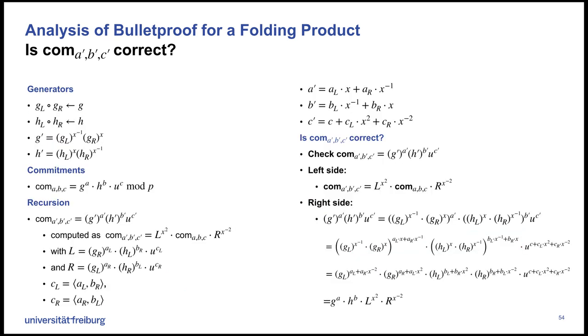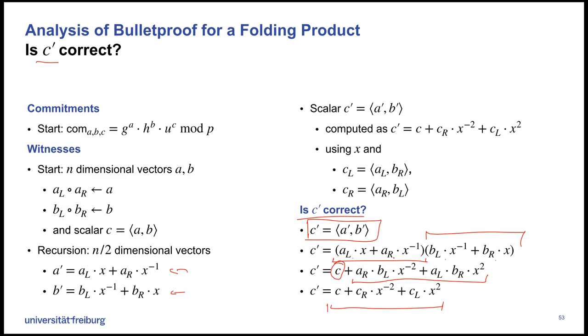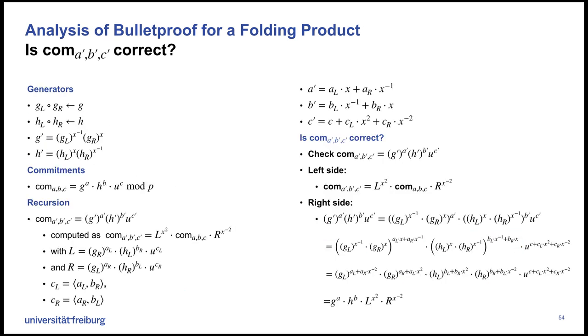And the next question is, does the commitment fit to that? The commitment is calculated without the secret information, because the verifier has to do this. The left side is again just a copy to see whether I have done it correctly. We have to check whether the commitment for the recursion for the next round fits to G prime to the A prime, H prime to the B prime, and U to the C prime.